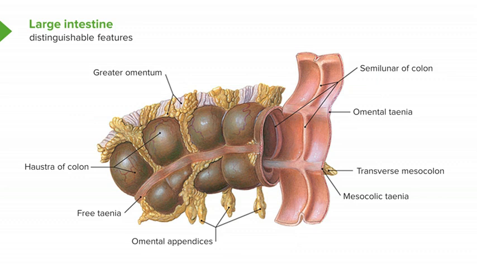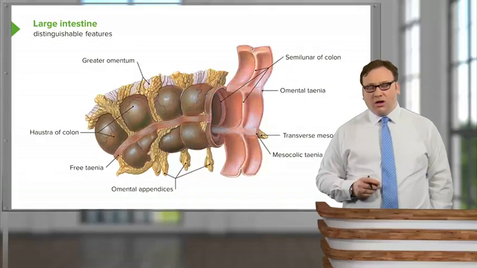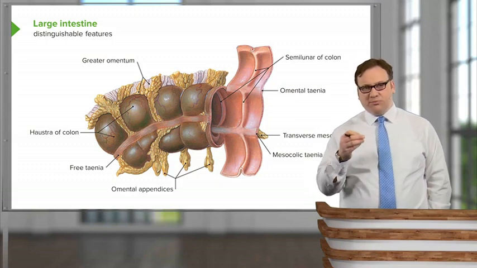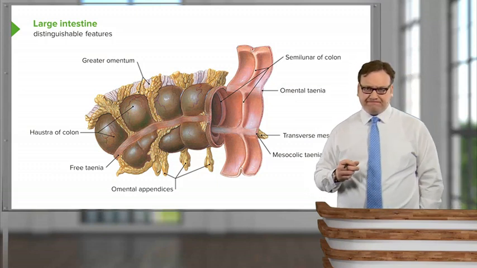This is just a small section of large intestine, specifically the colon, that we've removed, and we've opened up a window where we've reflected these flaps. Now, what we can see on the large intestine are features that make it distinguishable from the small intestine.